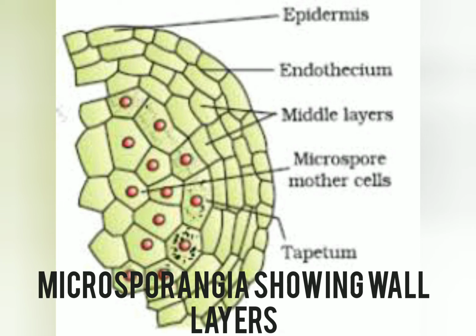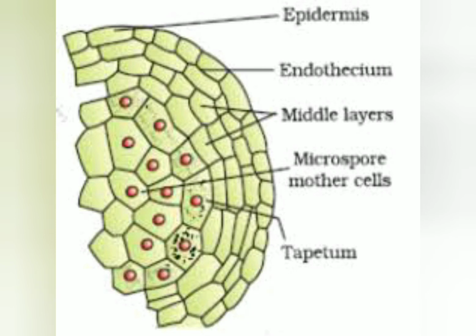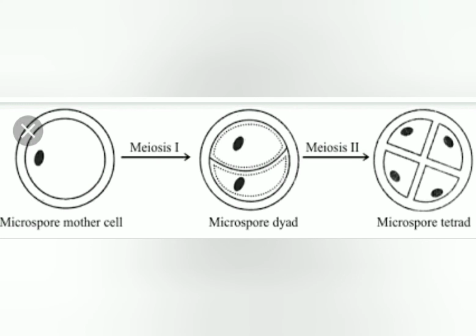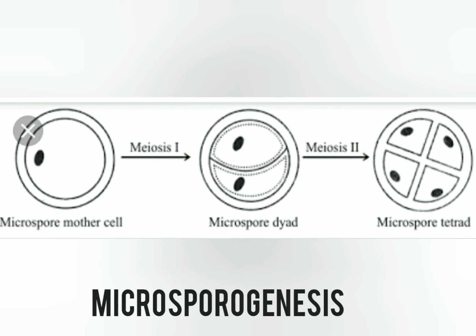These microspore tetrads, when completely matured, undergo dehydration and dissociation to release pollen grains. After maturity, these pollen grains are released out from the microsporangium by dehiscence, and that process is known as pollination.